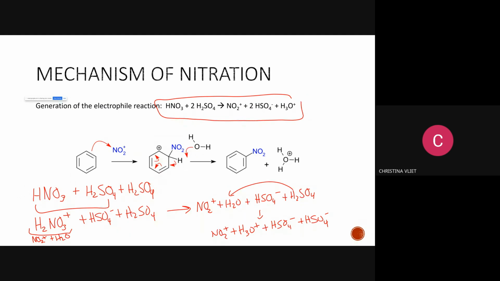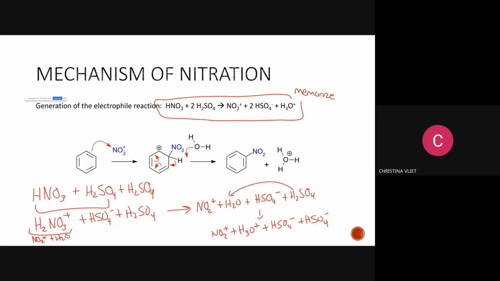This reaction is something you will have to memorize. If you got nitration as your electrophilic substitution mechanism, generation of the electrophile is mark 1, so you have to know how to get the NO2 plus that's going to go on the ring. After that, everything else is the same as all the other electrophilic mechanisms.